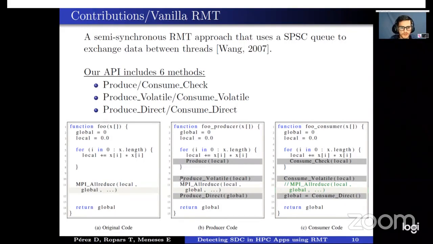The leading thread is going to stop and wait before executing this operation. And produce and consume direct are just used to send data from one thread to the other, because in the case of the consumer thread, this global variable value was not calculated, so it needs it in order to continue. Okay, so that is the vanilla redundant multithreaded approach.